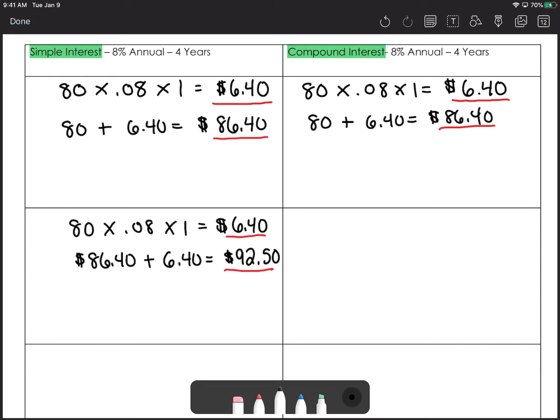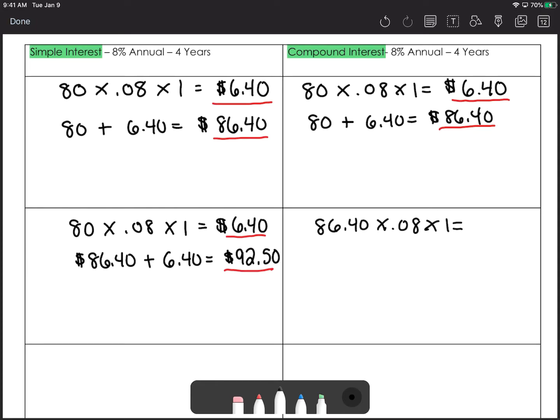Now with compound interest, the interest is earned based on the entire previous balance that includes the principal plus the interest. So when I calculate the interest, I'm going to use my previous balance, not just the principal. So I'm going to take my previous balance, which is $86.40, multiply it by 0.08, and we're doing this for 1 year.